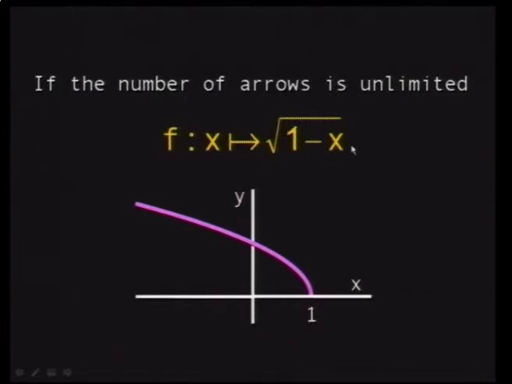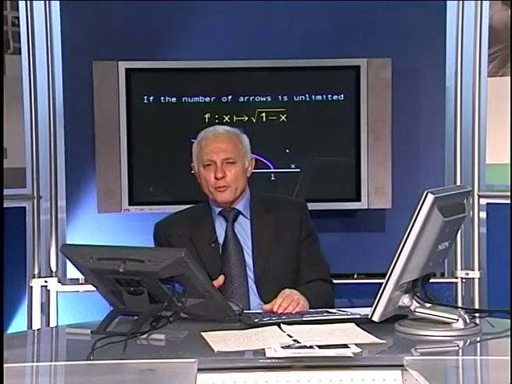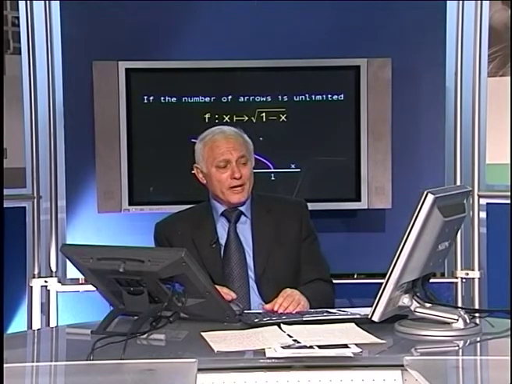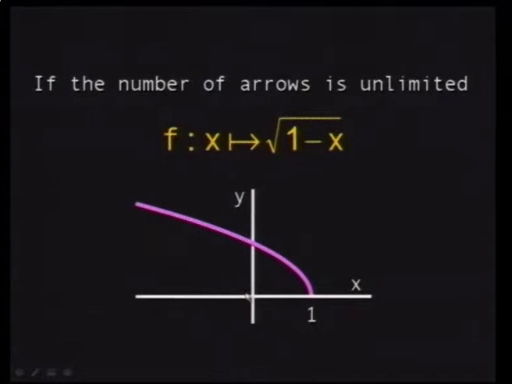So 1 minus x greater than or equal to 0 implies that x is less than or equal to 1. So the domain is all values of x less than or equal to 1. This is the proper domain of the function, but you may well take, as I said before, the domain to be restricted to the interval from -1 to 0. You are free to do that.